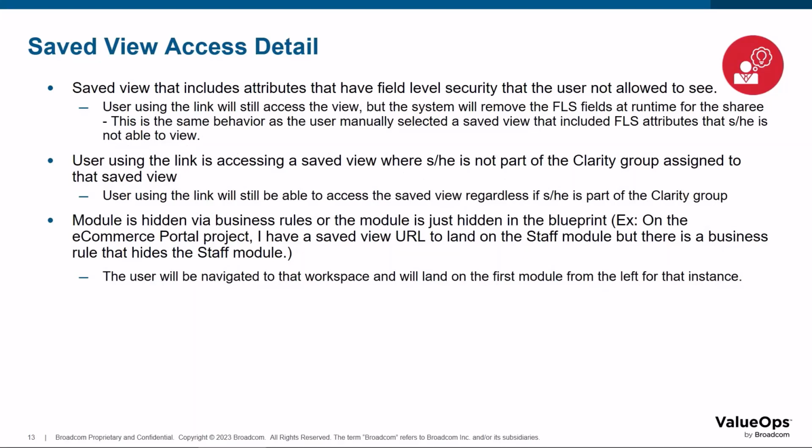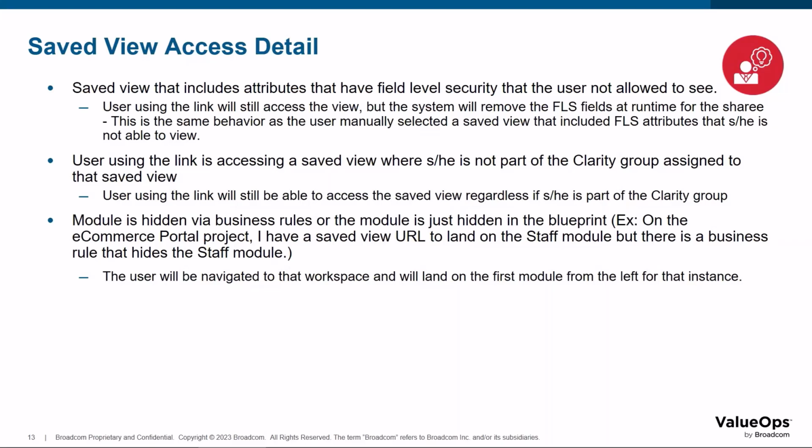So this is again, if I have a saved view and I share that saved view to only a specific group, and then I generate the URL to my saved view and share that with a user that does not belong to the group with which I have shared my view, the user that does not belong to it will still be able to access my view, but only by using the URL. They cannot access the view by trying to manually set it in the saved view pull down menu.